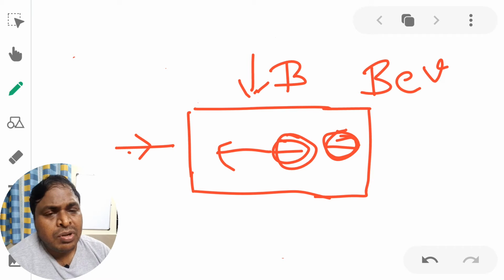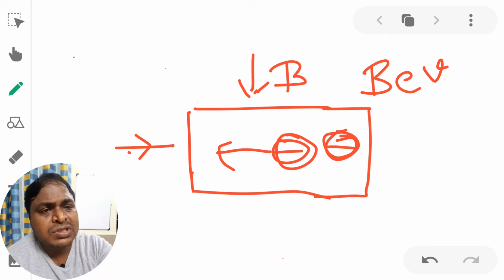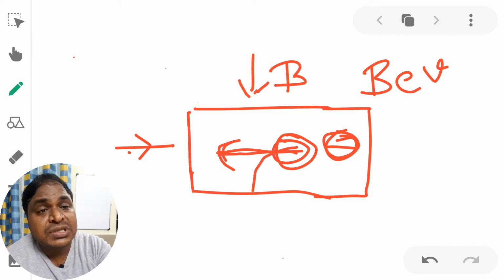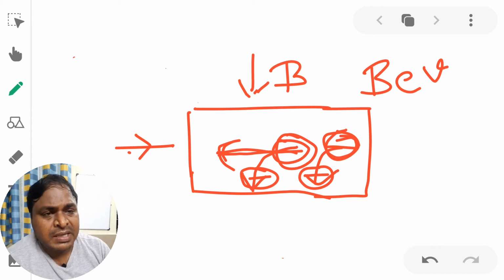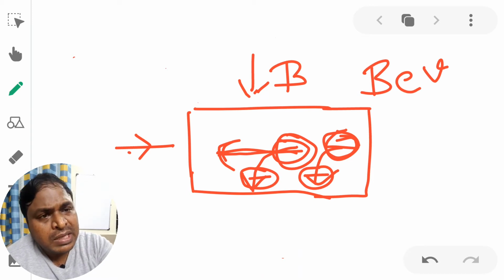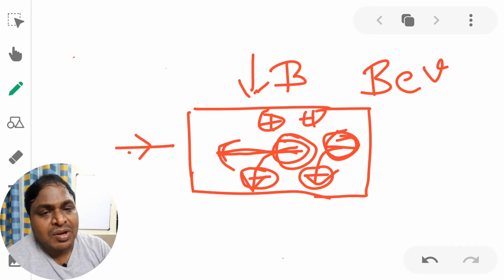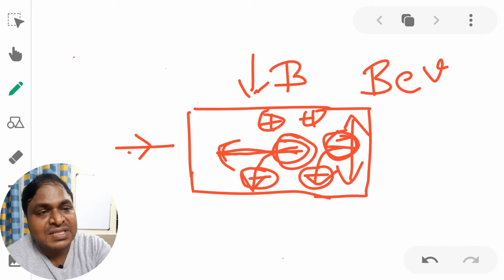Okay, you all know when an electron experiences a magnetic force, the electron no more goes in a straight line, but it will take a circular motion. Then it settles down in the bottom face of the semiconductor, leaving few positive charges in the top face. So now you can know that there is a potential difference set up in the semiconductor.